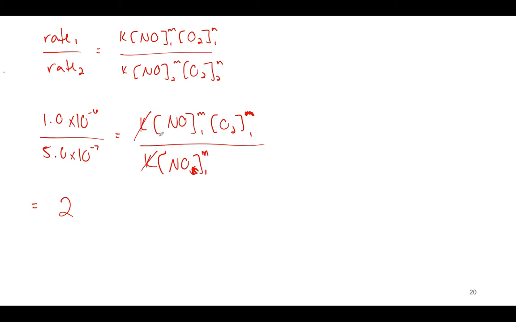This gives us also a number of 1, and these two things cancel out. All that's left is the concentration of O2 in the second trial, which changed.